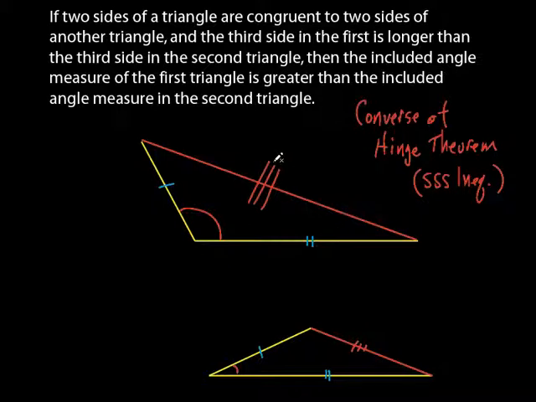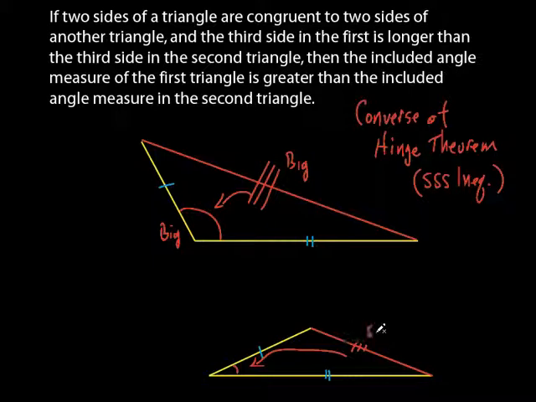It's just saying, okay, if this opposite side is bigger than this opposite side, or I should say, if the third side is bigger than this third side right here, then the angle opposite the side is bigger than the angle opposite the little side. See, this is the big side, and this is the big angle.